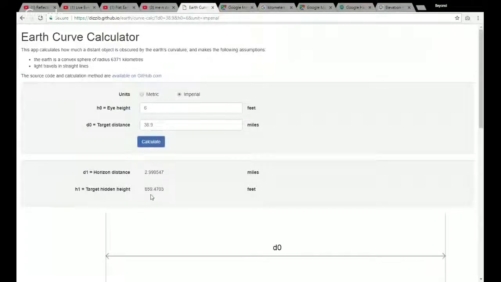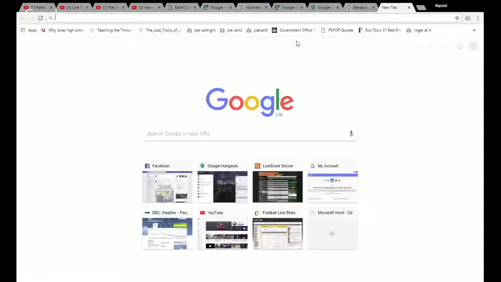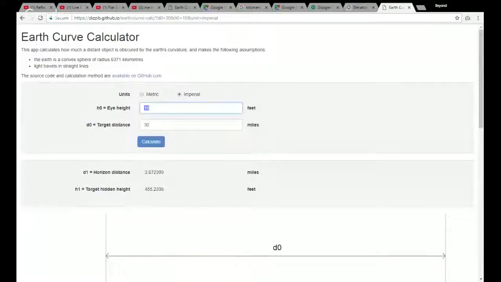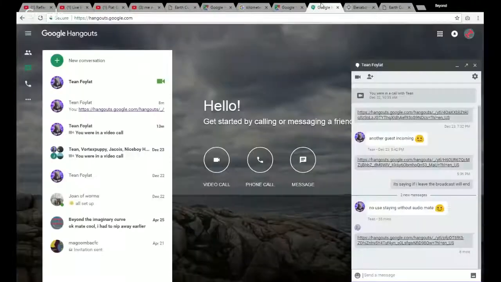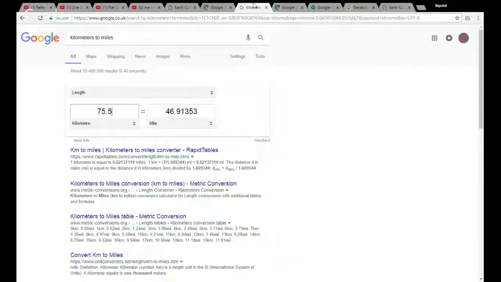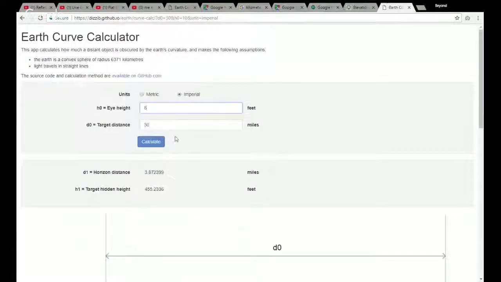So the first one was 859 feet. Hang on, I'll just open another one up here. So we're saying a generous 8 feet to this, although it's not. And the distance was 46.9 miles. Right, there we go. We're at 8 feet, 46.9 miles, 1200 feet curvature.